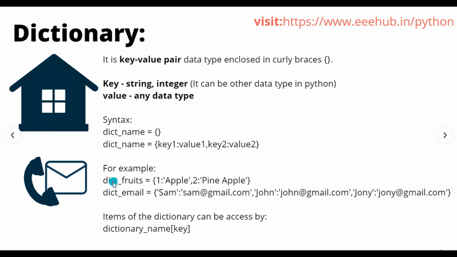Suppose we want to extract apple from the dict_fruit dictionary. First write dict_fruit, then the open and close square brackets, and inside them write 1, and that will help you get data from that dictionary. So let's jump into the command prompt to understand it in a better way.